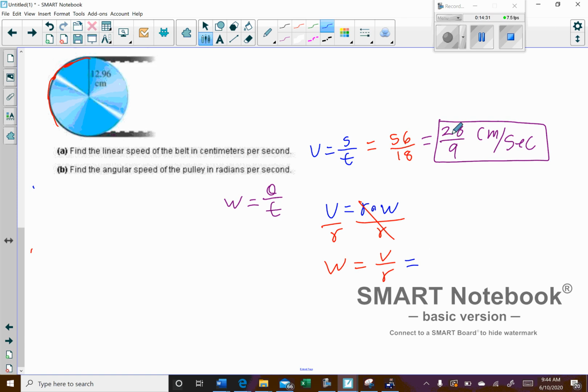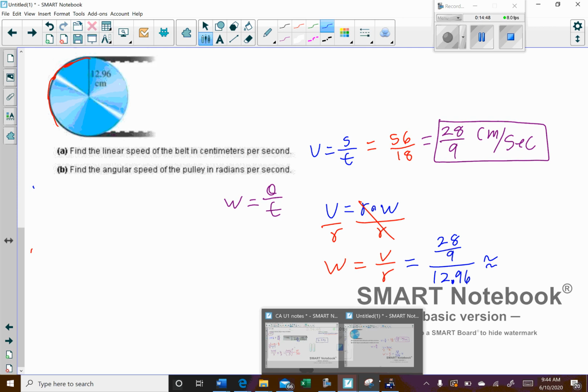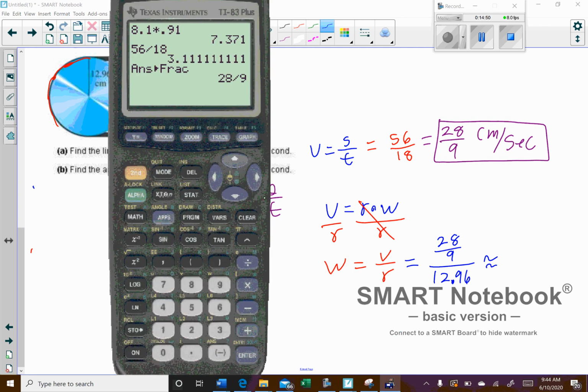I have the linear speed, which is 28 over 9. And then I just have to divide by the radius, which is 12.96. And then we'll just go ahead and put this in your calculator. Looking at the homework, it's going to ask you for a decimal anyways.